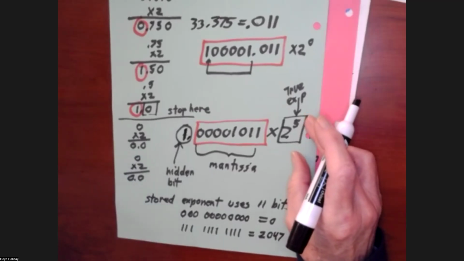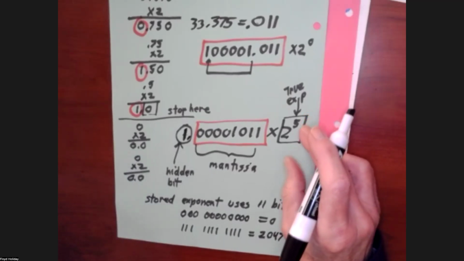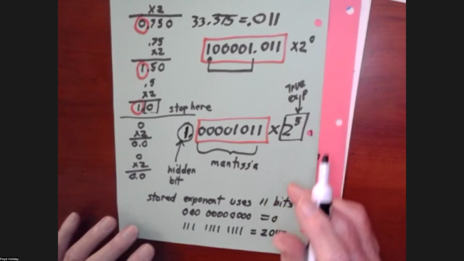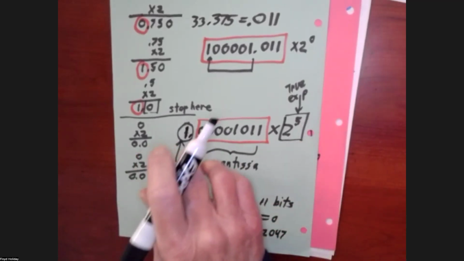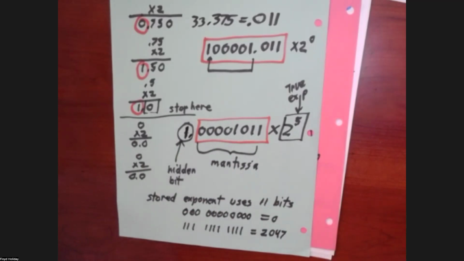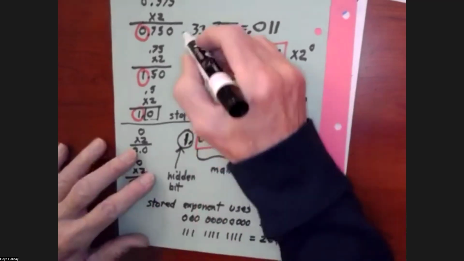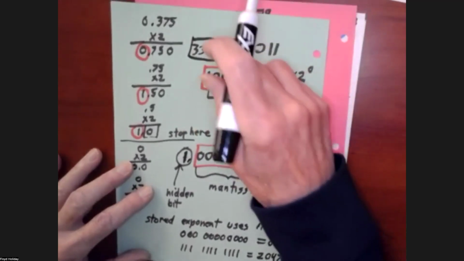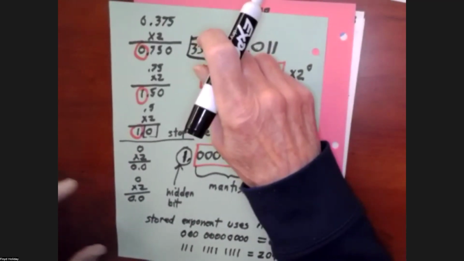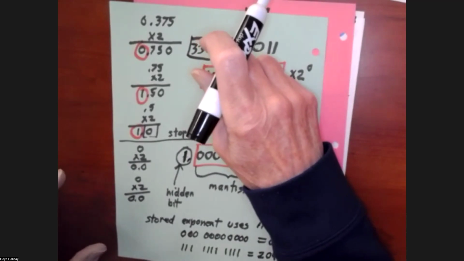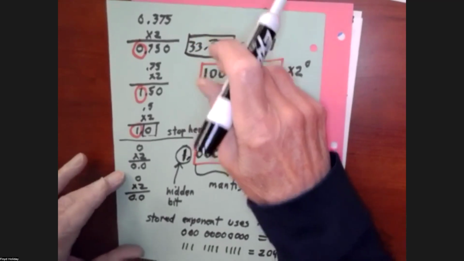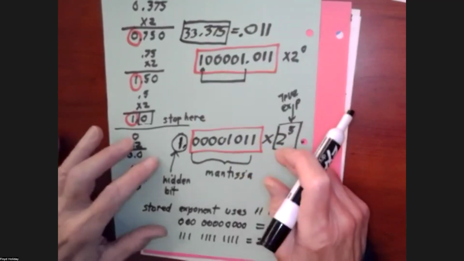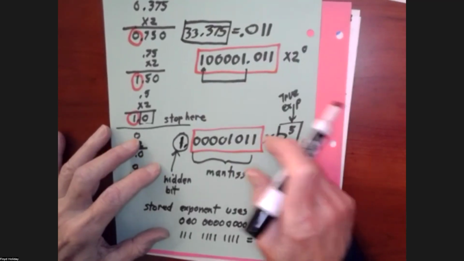It's not yet IEEE. That's another step to go. But this is an intermediate stage between here's the starting point, way back here, a base 10 scientific exponential number, and a base 2 scientific exponential number.